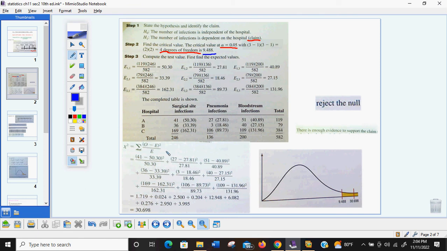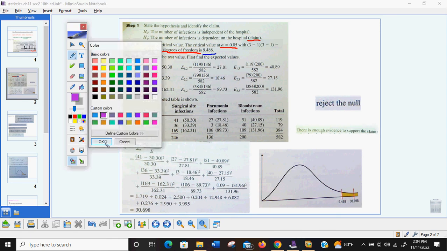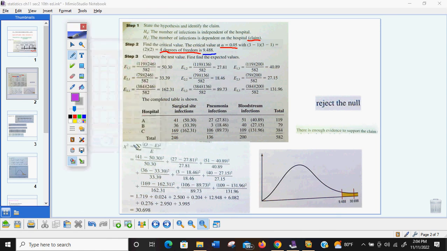Now remember the chi-square test does observed minus expected squared divided by expected. So this would be step 3. We're getting our test value here. For every single one, you're going to do observed minus expected squared divided by expected.